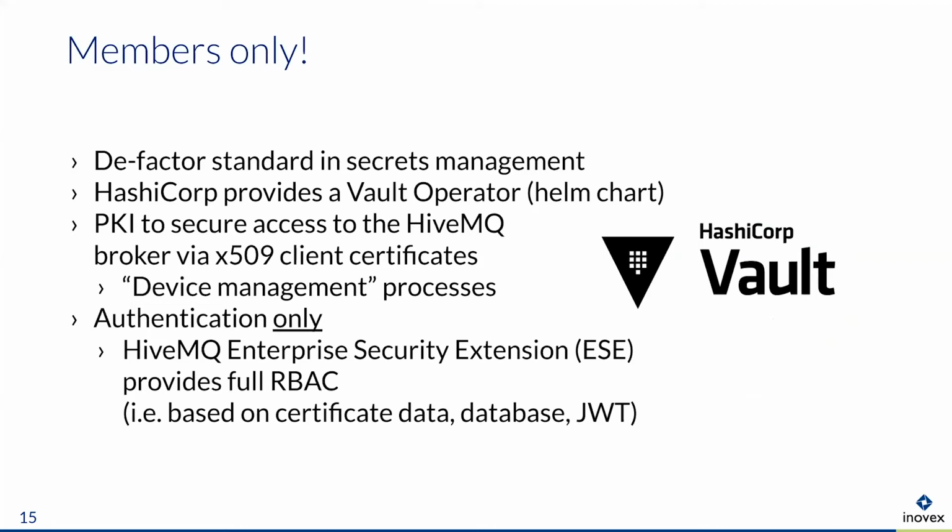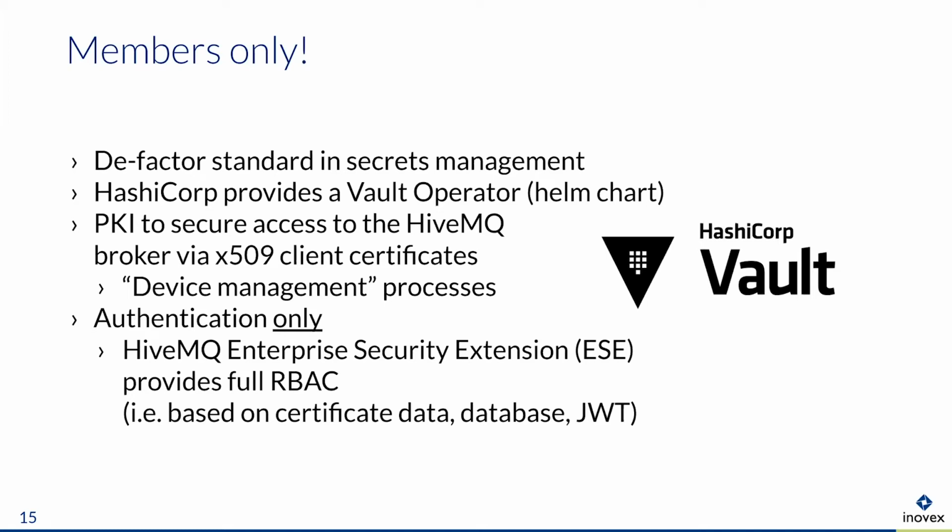And last but not least, I'm going to try to show you some integration bits and pieces. Namely, that's going to be HashiCorp Vault, which we're going to use for secrets management, for client certificates. So your IoT clients, could be cars, could be anything, temperature sensors, usually get individual X509 client certificates to authenticate with the broker, so the broker knows what client it is and whether it's granted access to the broker.